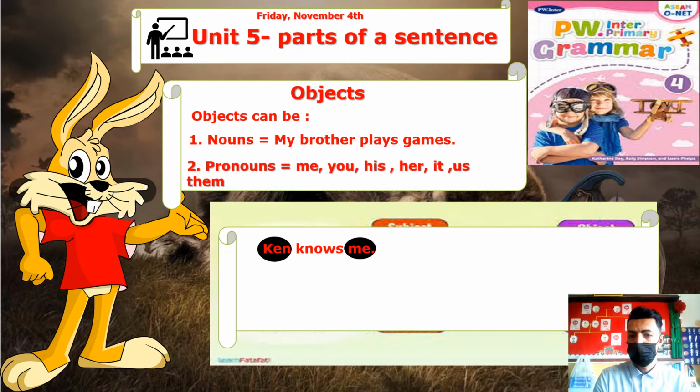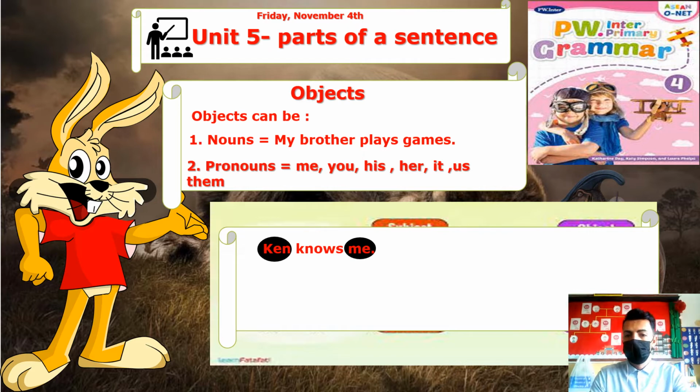Us, object pronoun us, is we in the subject pronoun. Them, the object pronoun them, is they in the subject pronoun. So it's very important for you to learn and remember what are the subject pronoun and the object pronoun, so you don't confuse between them.